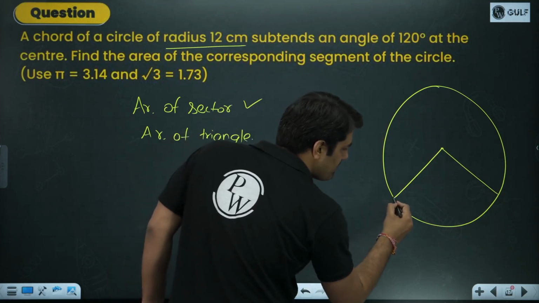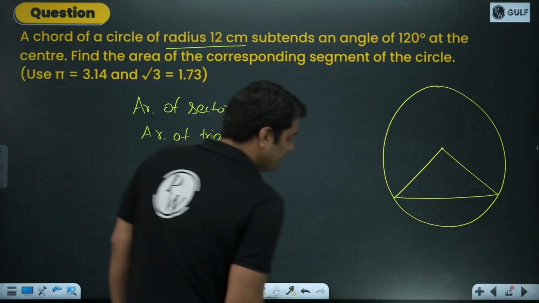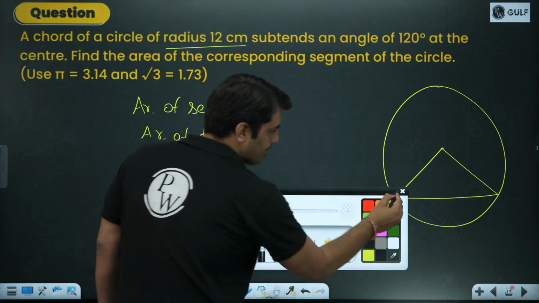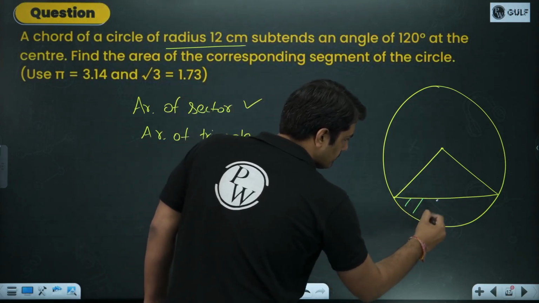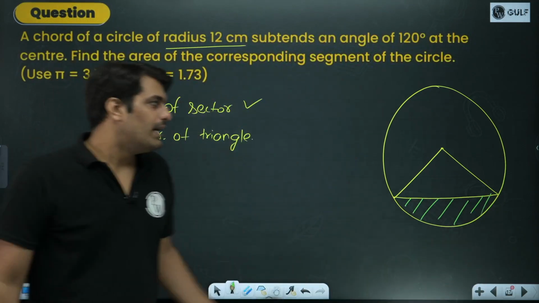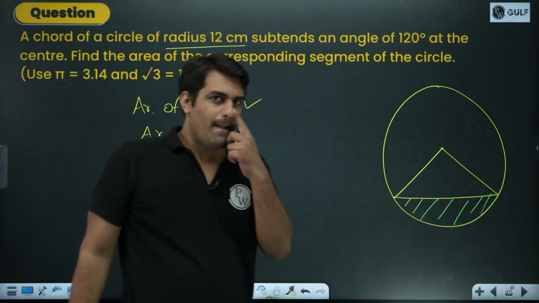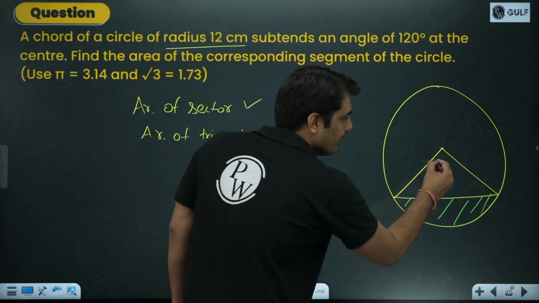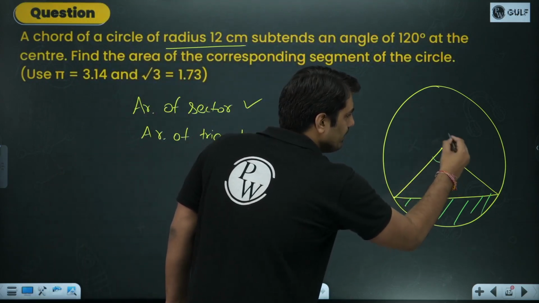And this will be our segment, the segment we are interested in. Now, for this we need the area of a triangle. The central angle given to me over here is 120 degrees.